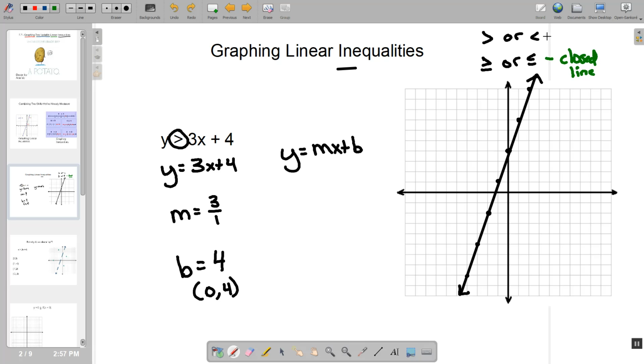And we can't have an open line, so it's going to be a dotted line. So we do not have the equal sign underneath. So we are going to make our line into a dotted line. Which means that nothing that's on the line counts as being shaded. So it has to be over or greater than the line.